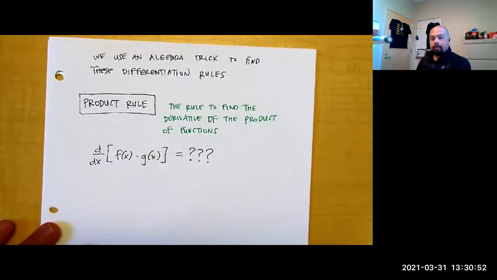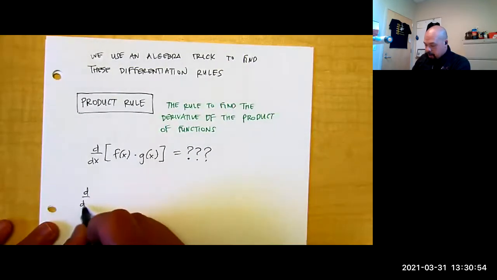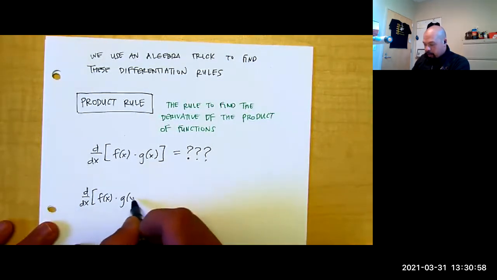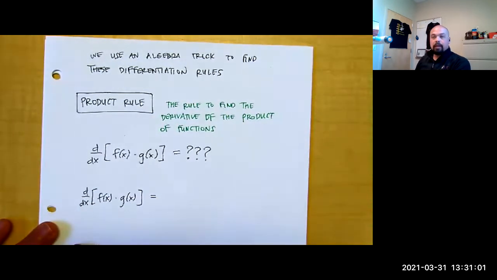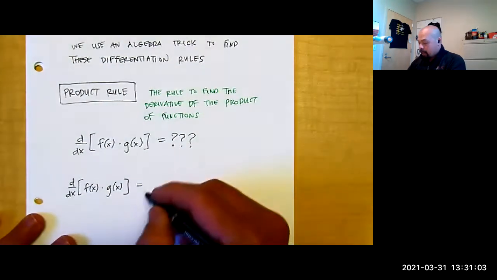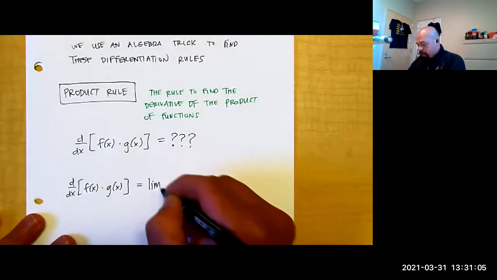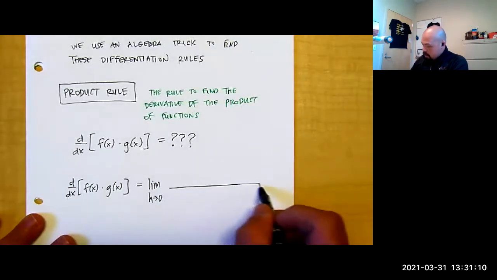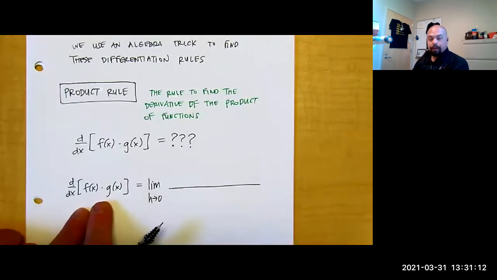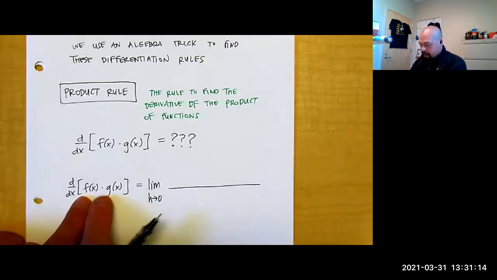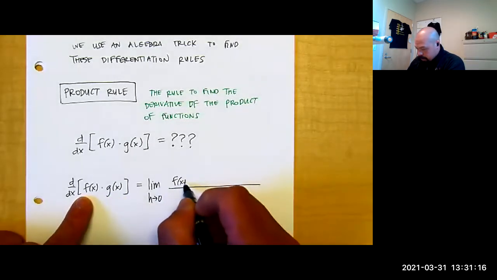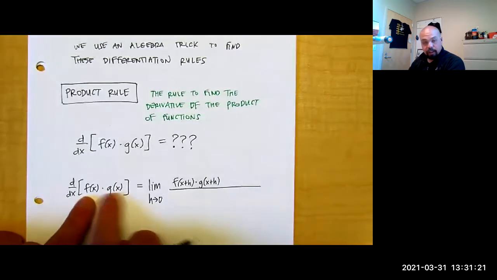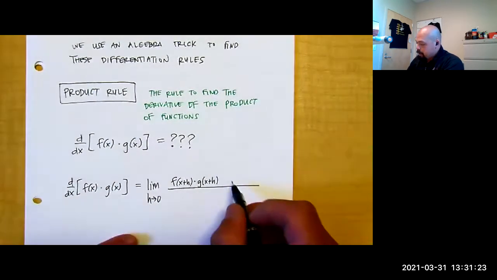Okay, so starting off, right, when all else fails, we go back to our definitions, our fundamental steps, and we can say that this is going to be the limit as h goes to 0 of, now what are we going to do? It's still a product. All we're going to do is replace that x with x plus h. So the same interior, same function going on, same action.